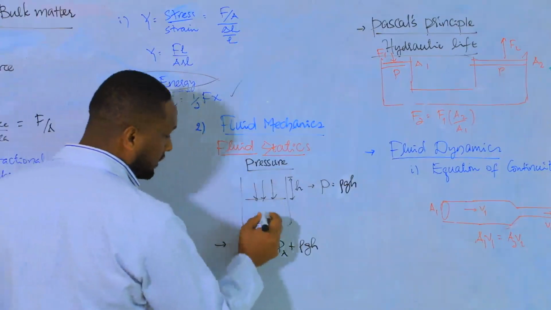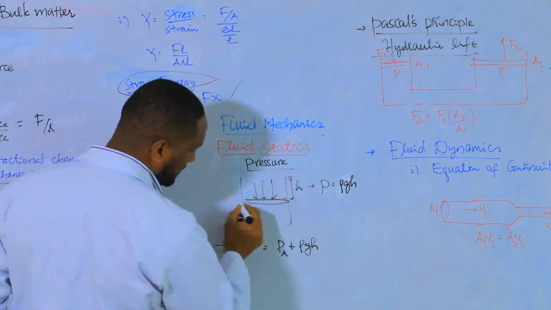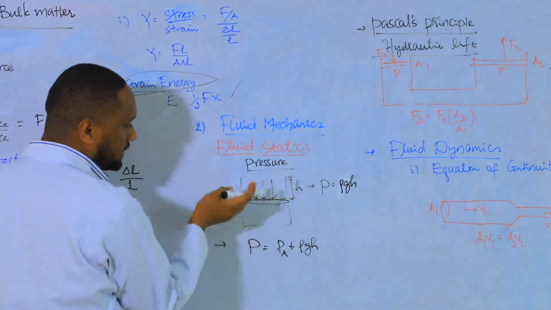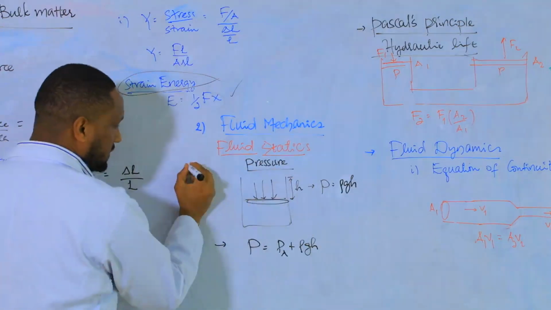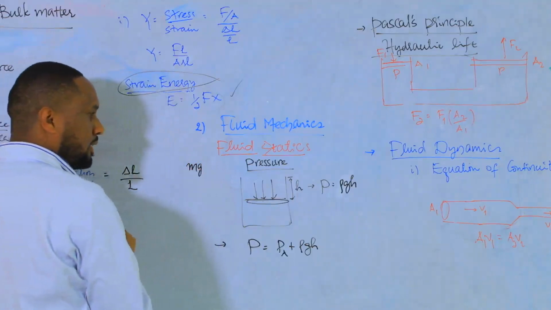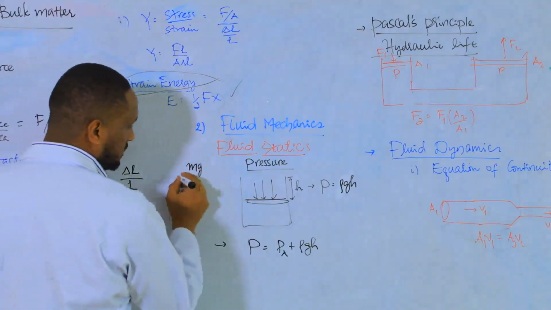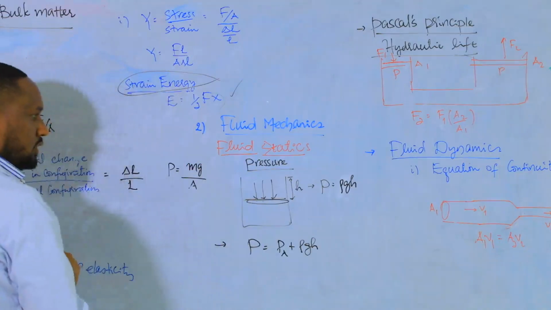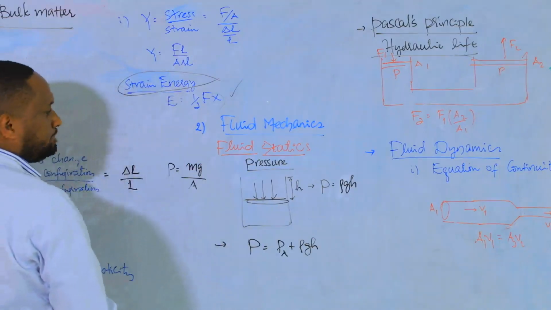So in a liquid, for example, at this part of the liquid, all the mass of the liquid above the surface exerts a force. That force is given by the mass of the liquid multiplied by the gravitational acceleration, divided by area, okay? So this is how we define pressure, okay?